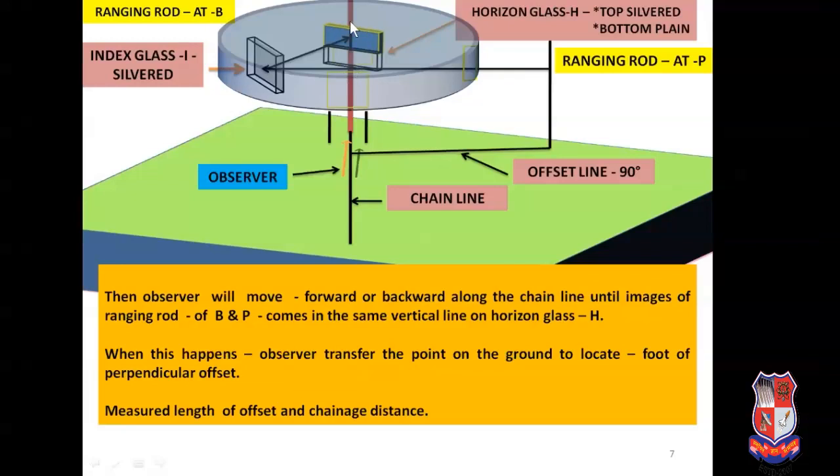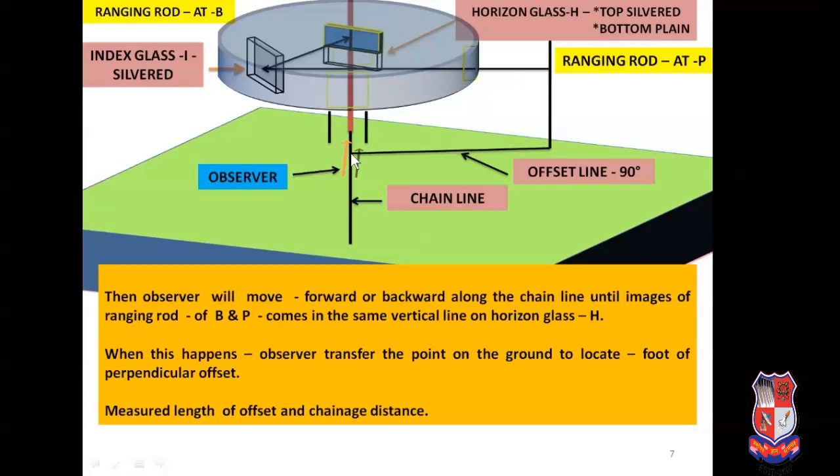When this condition arises, at that time the observer will transfer the point on the ground to locate the foot of the perpendicular offset. So at this time the observer will fix the plumb bob on the hook which is provided in the handle at the bottom of the instrument, and will transfer the point on the ground.